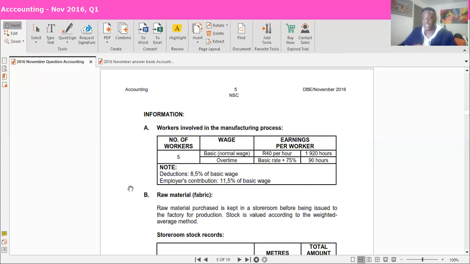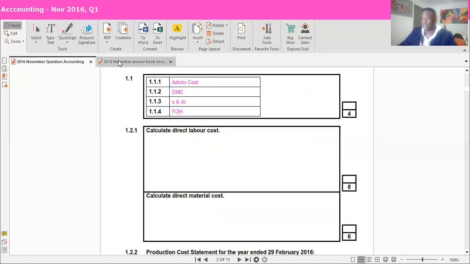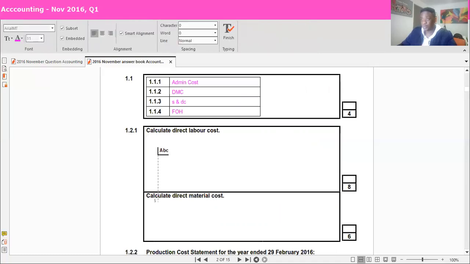Let's do it step by step. We know the normal wage. We have 5 workers, each getting paid 40 rand, and they each worked 1,920 hours. Let's close that bracket, and then we'll say plus.